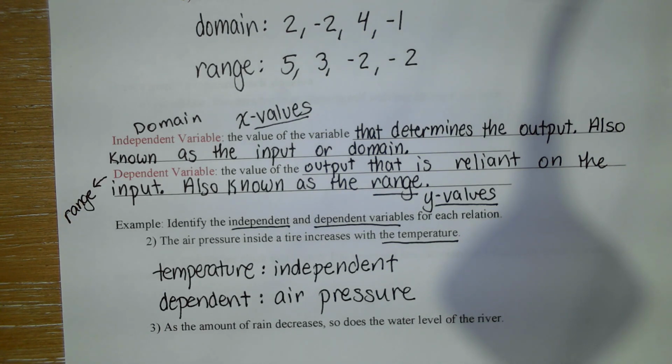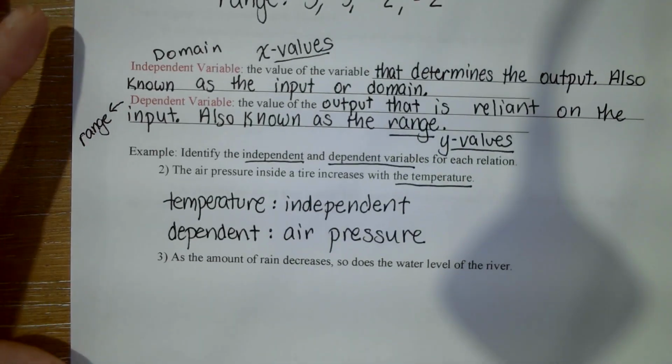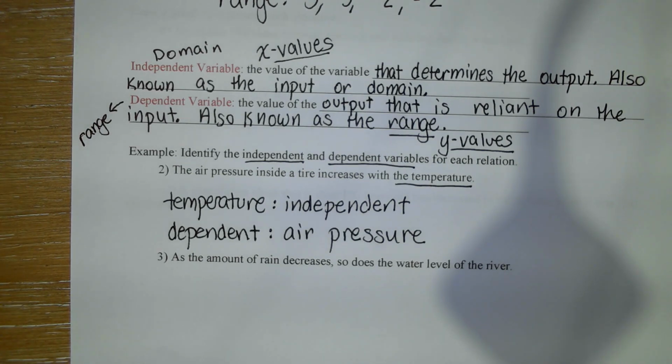So temperature is independent, and then it determines the dependent variable, which is air pressure. So try number 3 on your own. As the amount of rain decreases, so does the water level of the river. What is the dependent variable and what is the independent variable?